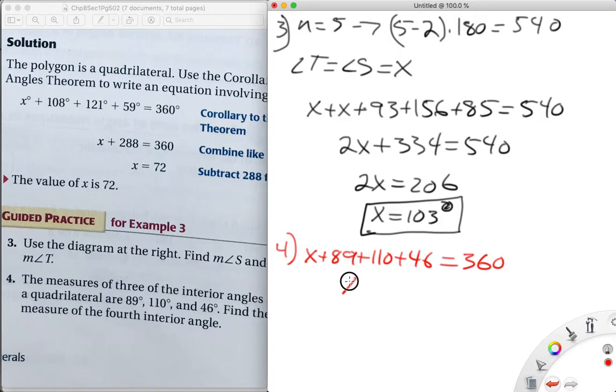Combine like terms, x plus 245 equals 360 degrees. Subtract 245 from both sides, and I get that x is equal to 115 degrees.